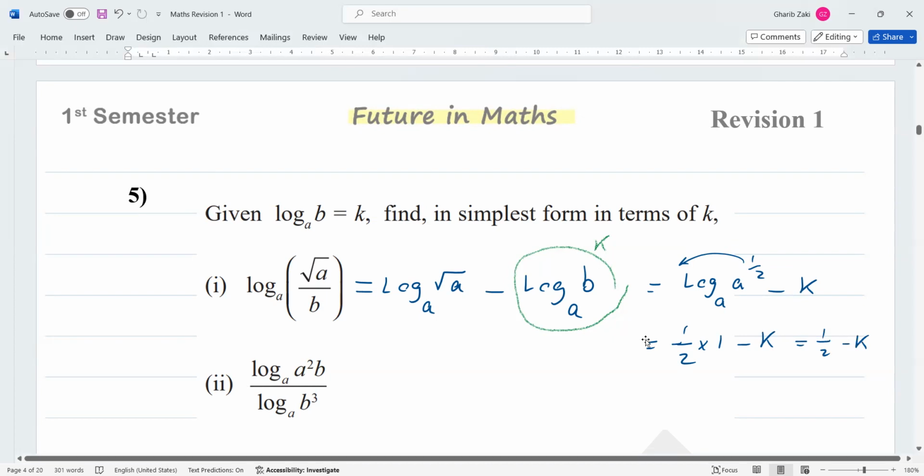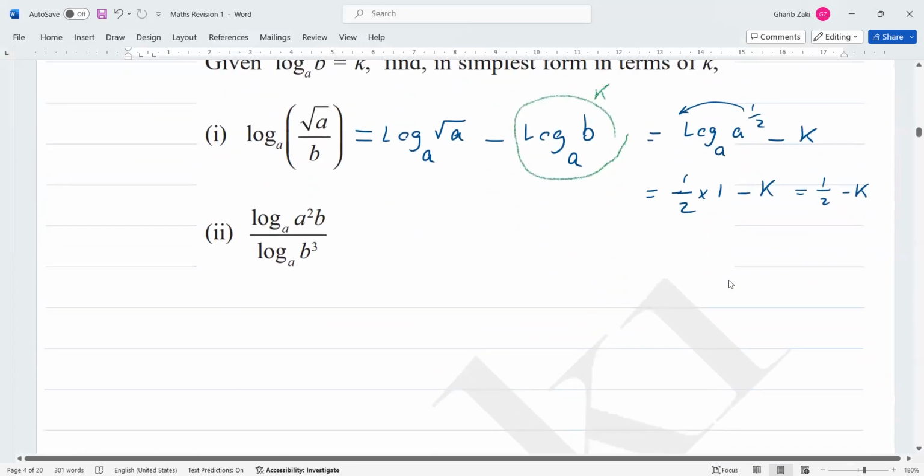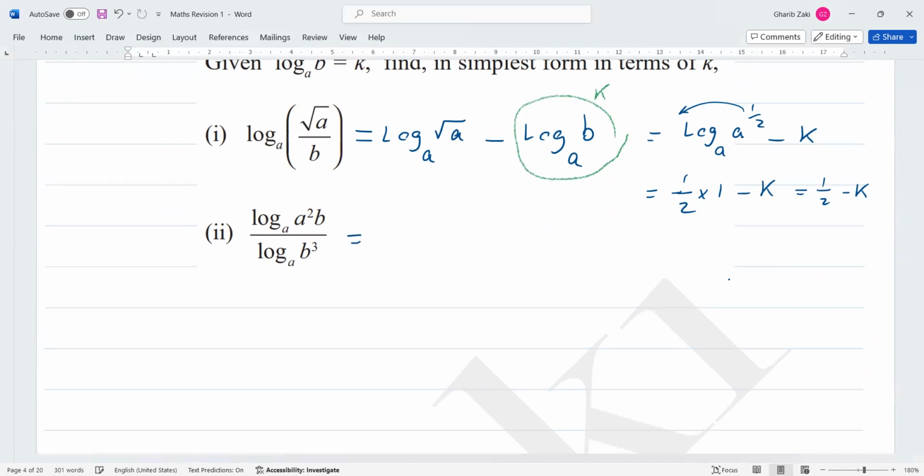Next, part two. So this equals log a squared b to the base a minus log b cubed to the base a. Multiply in log will be plus.